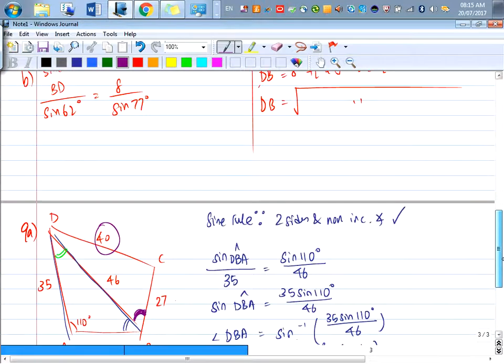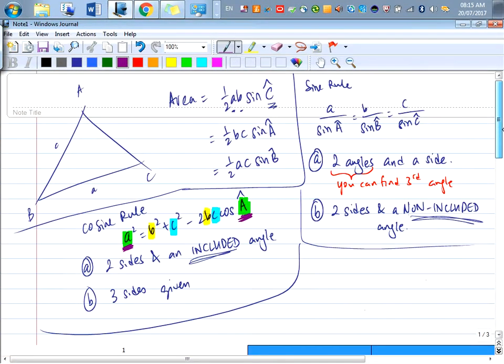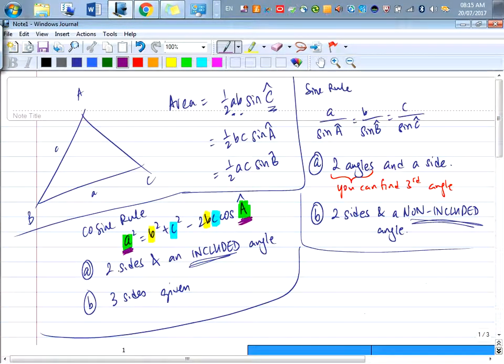So that is why I said you must see the pattern over here for our cosine rule. All these small letters are your lengths. The first length, a square, is actually found directly opposite angle A. If you want to apply your cosine rule, you definitely have one angle involved.